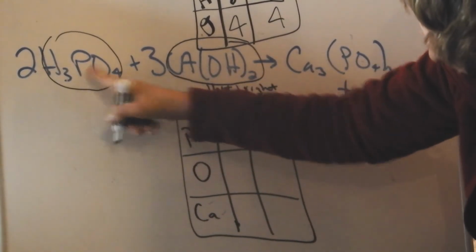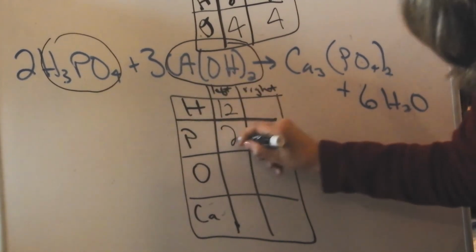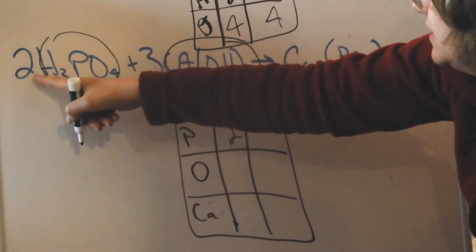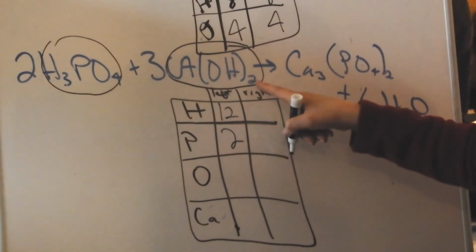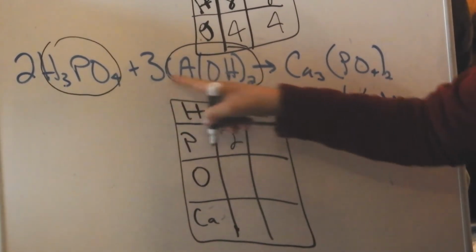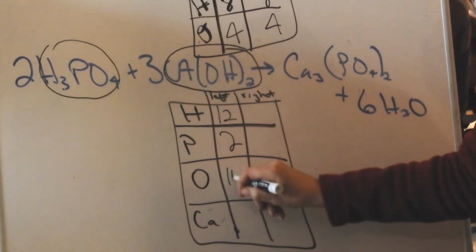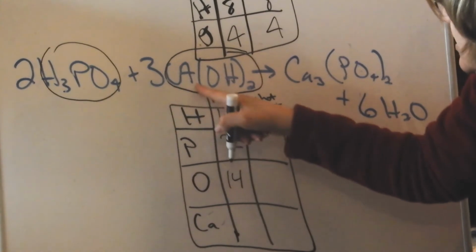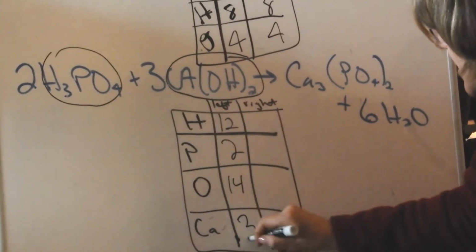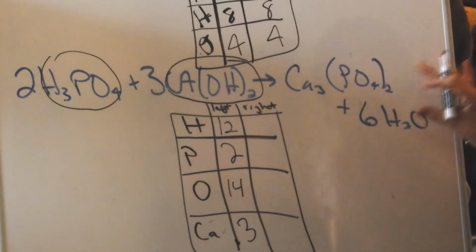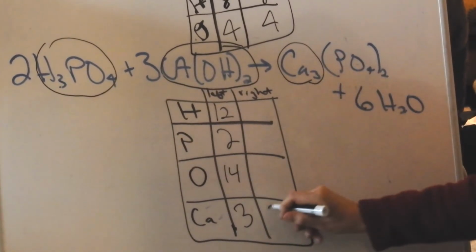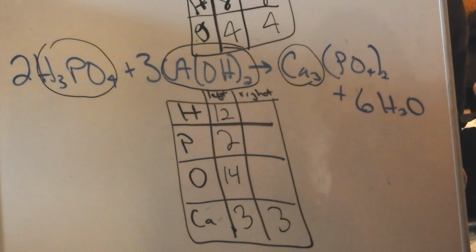So there's 2 over here. I don't think there's any over there. Let's see what's next. Oxygen. So there's 4, and then 2 is 8. And then what do I have over here? 2 and 3 is 6. So 8 and 6 is what? 14. And calcium, where's my calcium? Right here, no subscript, so there's just 3 of those. So I know that my right side has to match that. Calcium's probably the easiest to see because it's right there, so that one's not too bad.